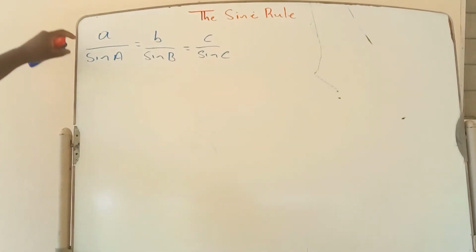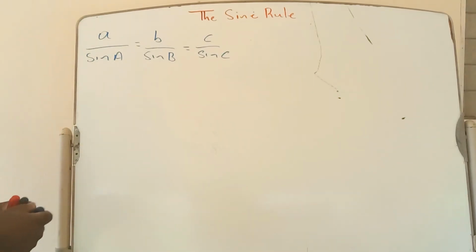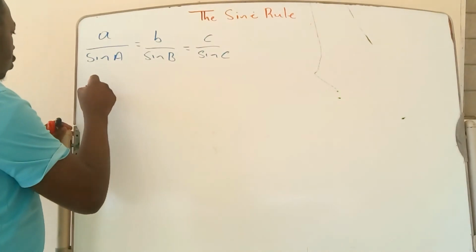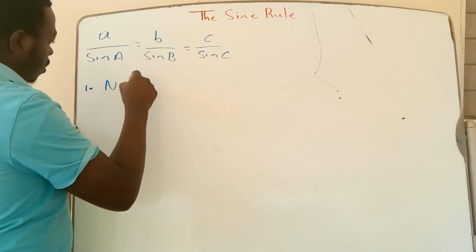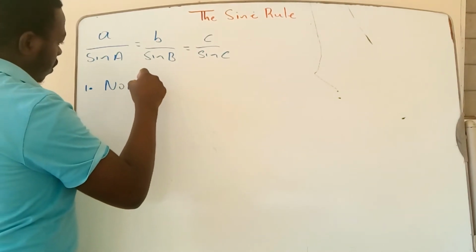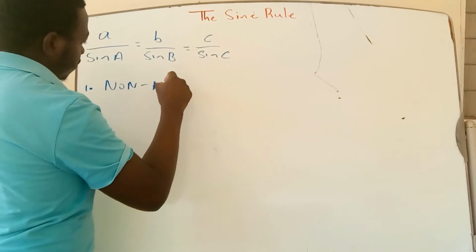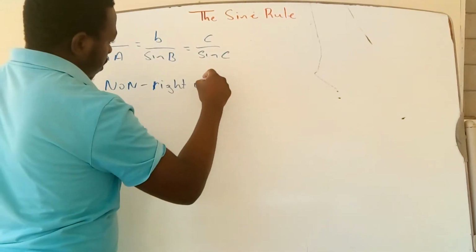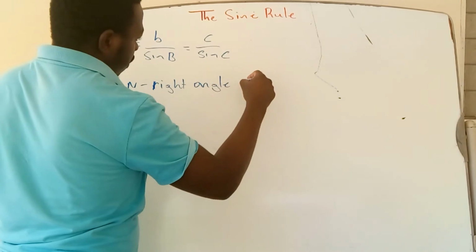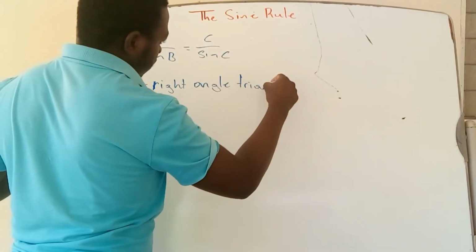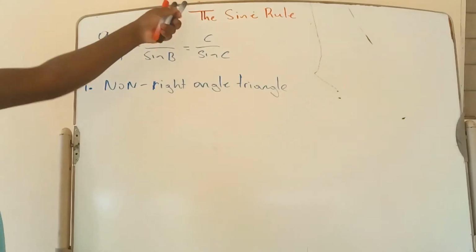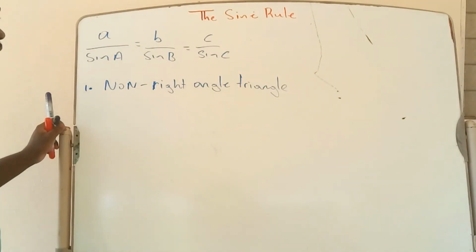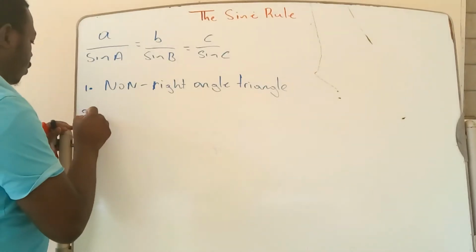Now, how do you know when to use this rule? Let me just give you one. One way you know to use this rule is when you have a non-right angle triangle. That's one way. So you use the sine rule when it's a non-right angle triangle. But what else do you need to know?